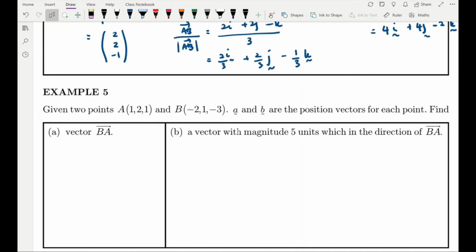Next, we have example 5. For example 5, given 2 points A, B, where A and B are the position vectors for each point. Find vector BA.